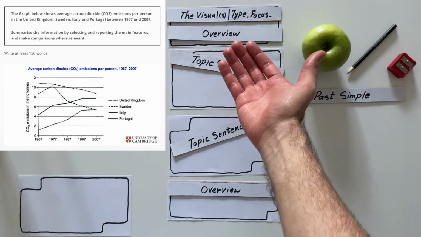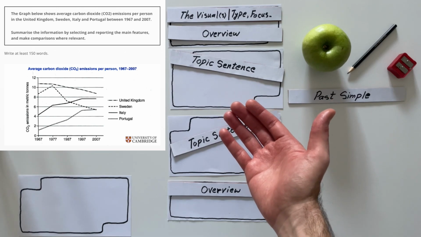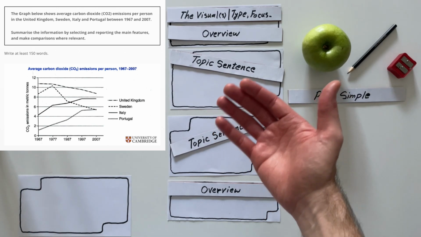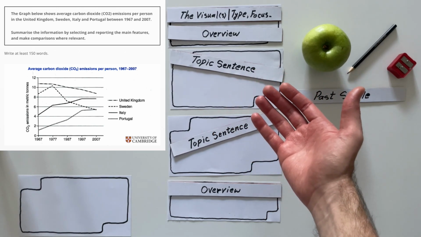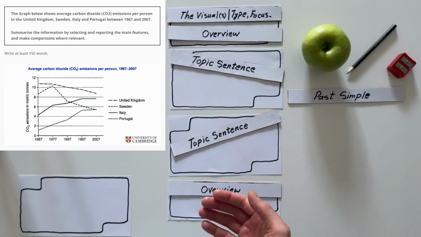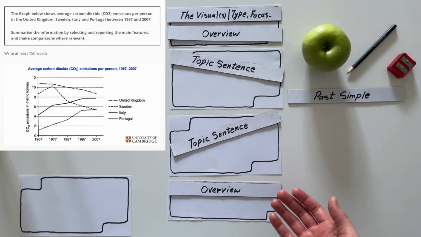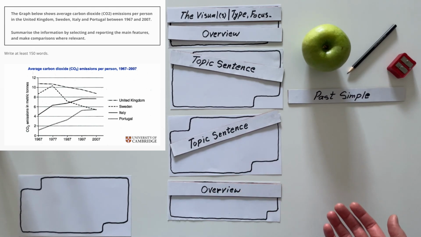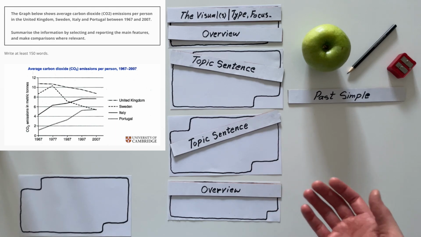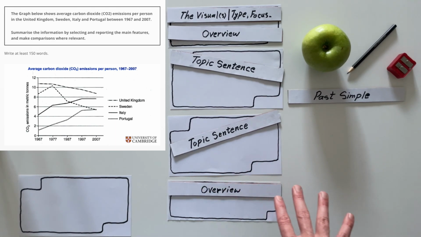For example, the United Kingdom remained the highest contributor to CO2 emission per person in the period. Portugal remained the least contributor to CO2 emission per person in the given period. That has no numbers in it.